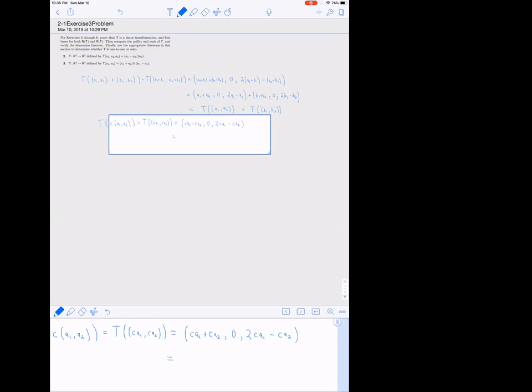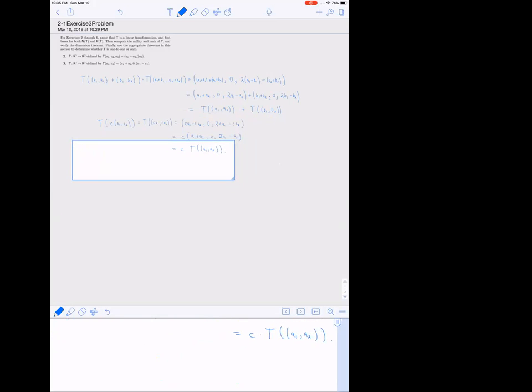Let's recognize that we can factor a C out from everything in this vector, including the 0. What we're left with is precisely C times T applied to the vector (A1, A2). Great, so this verifies T is a linear transformation. So far, so good.